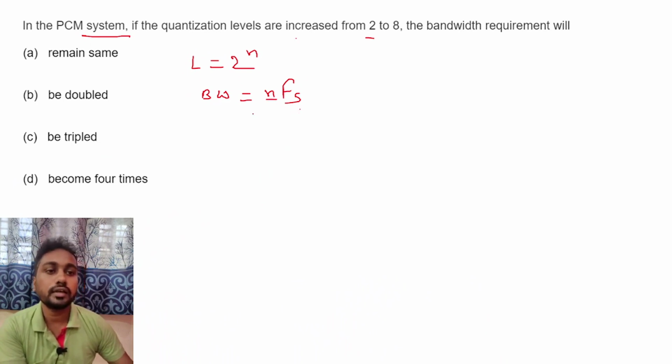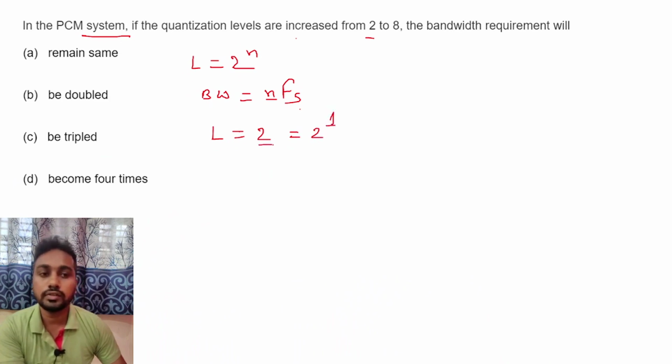Here, first the quantization level L is 2. If the level is 2, then n should be 2 to the power 1, so n equals 1.